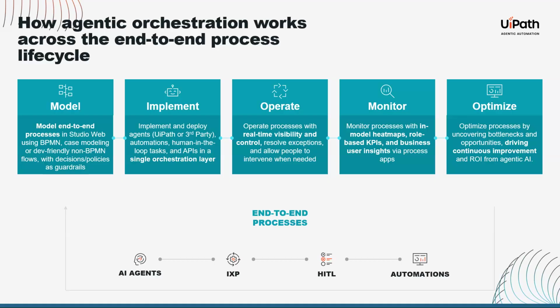And in the end, to make sure your orchestration is always going in the right direction and following all of the best practices of deployment, you will be optimizing your processes from time to time to uncover any bottlenecks in your processes, or additional opportunities as to how you can enhance your already existing orchestration. You could do all of this from the optimization part. So from an end-to-end perspective, this is how an agentic orchestration workflow is run.